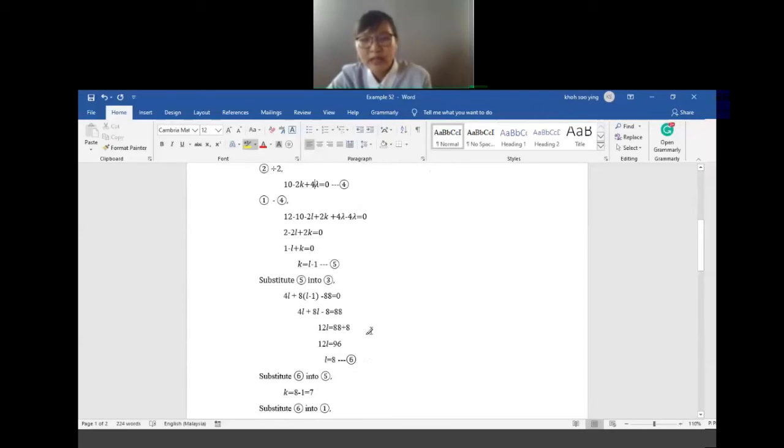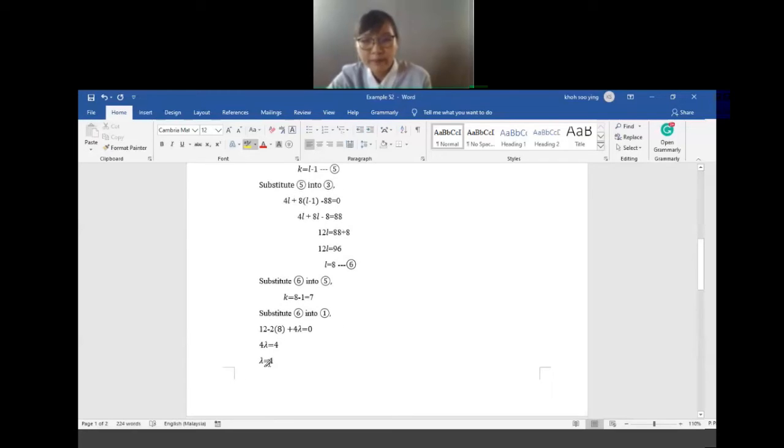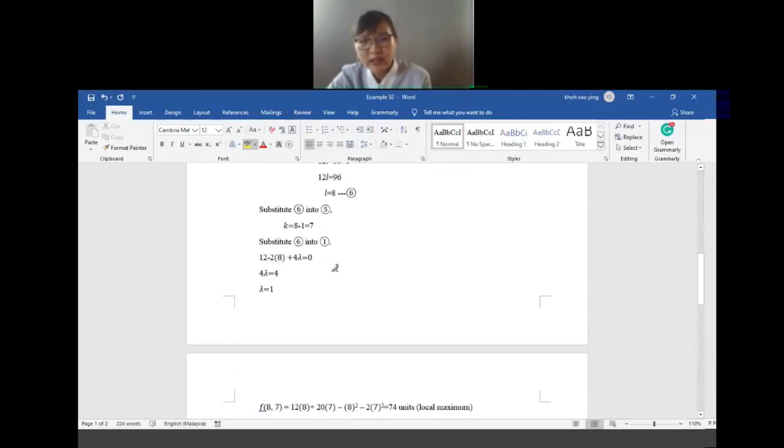Since we get L = 8 and K = 7, we can find the lambda value by substituting the values into equation 1 or equation 2. Here I use equation 1, so we get that lambda equals 1. Now we know that the critical point is (8, 7).